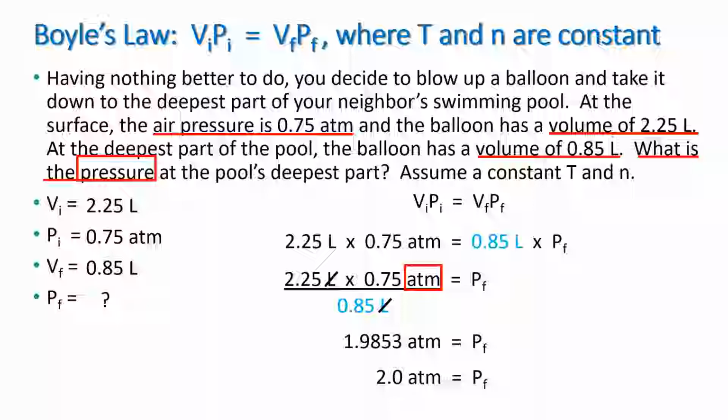And then third, we plugged those variables into our equation. Fourth, we isolated the unknown. Step number 5, we crossed out repeating terms and used this step to double check that the remaining units helped us answer the question we were being asked. And then sixth and lastly, we did the math being mindful of significant figures. And those are the steps that we're going to go through when looking at the other two laws as well.